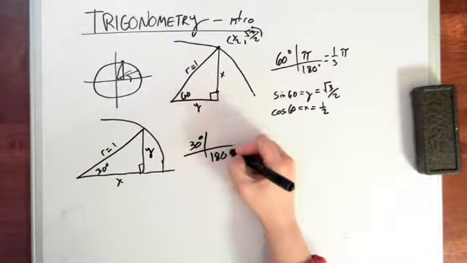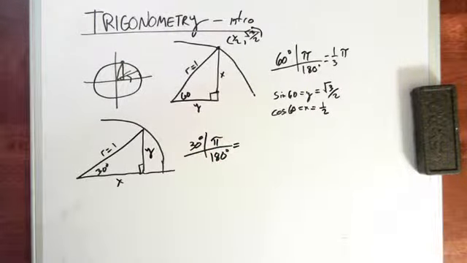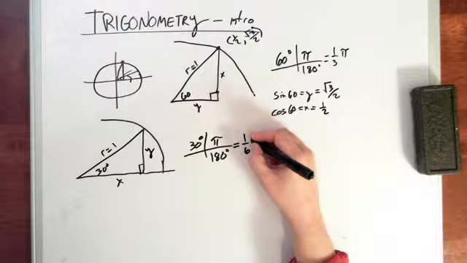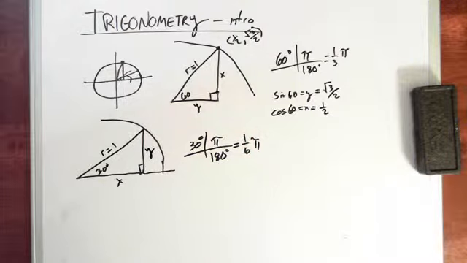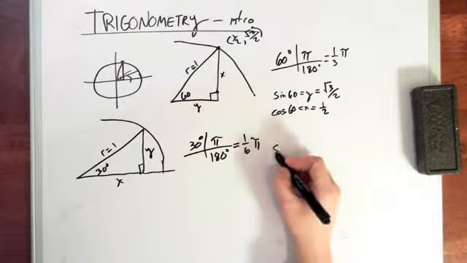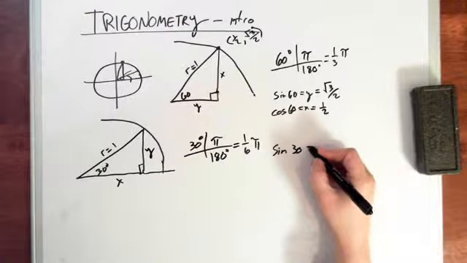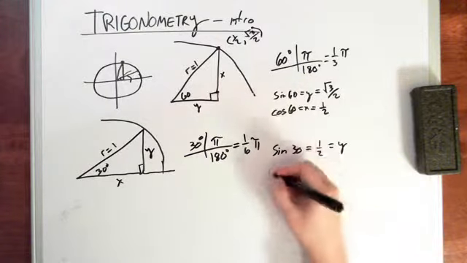So let's convert our 30 degrees. There are 180 degrees in pi radians. So that comes out to 1/6 pi, and the sine of 30 degrees is equal to 1/2, which is equal to y.